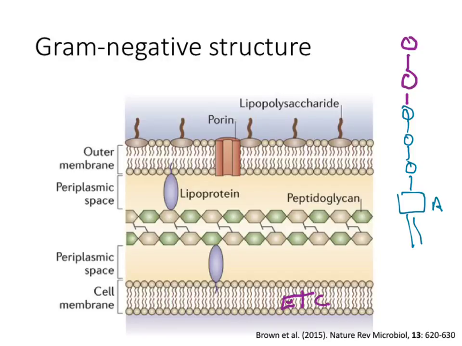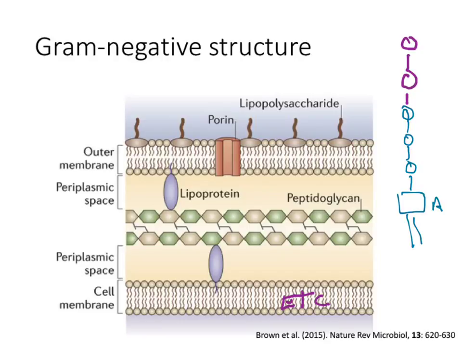In the case of gram-positives, one other distinctive feature is the presence of these teichoic acids and lipoteichoic acids. The difference between them is where they originate from. So teichoic acid begins in the peptidoglycan. The lipoteichoic acid originates from the membrane.